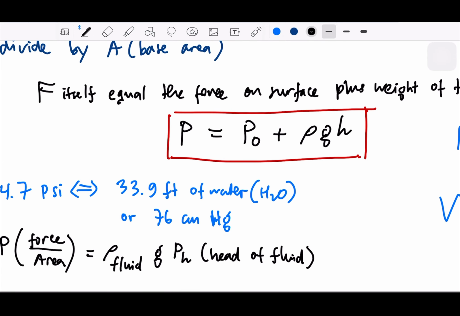Which means it correlates with the height. Actually, that's the same meaning.